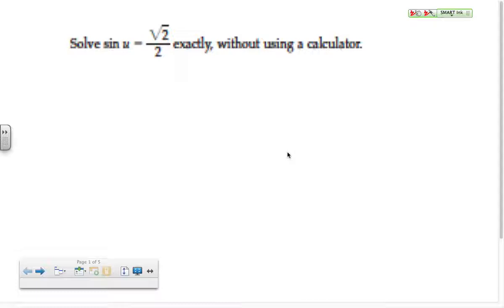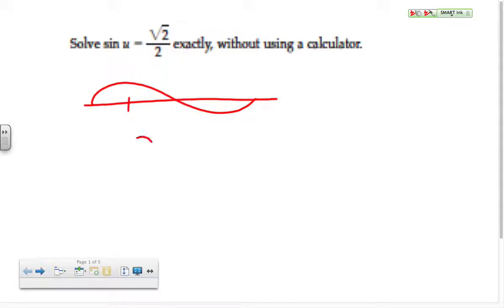All right? Now, you know that when you have a sine function, it's going to hit root 2 over 2 exactly once. It's going to be right here. So we're going to find the answer to this one. To do this, we do the inverse.